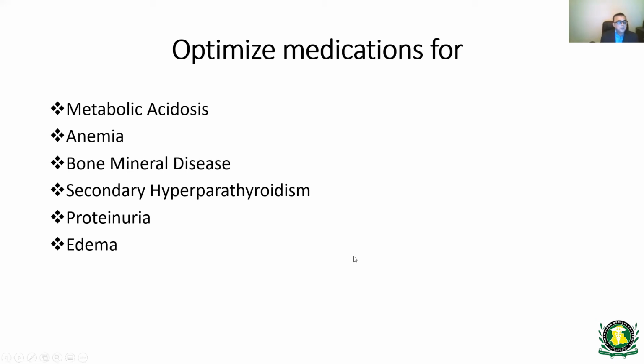Bone mineral disease, checking parathyroid hormone levels, starting vitamin D if necessary, checking phosphorus level, considering phosphate binders, and of course, low salt and low protein diets with diuretics for edema.